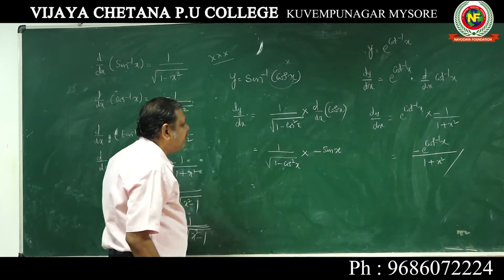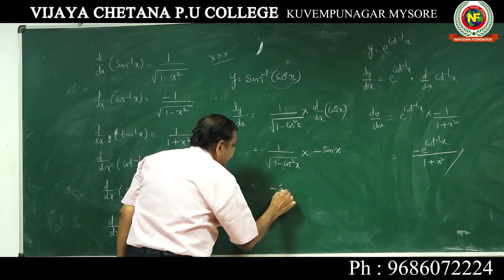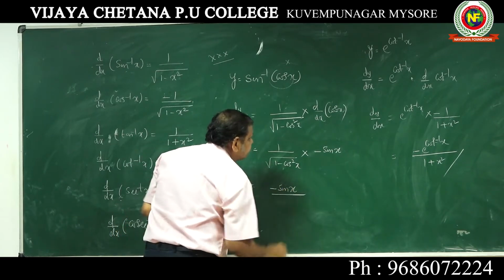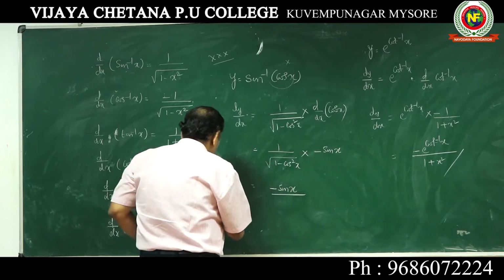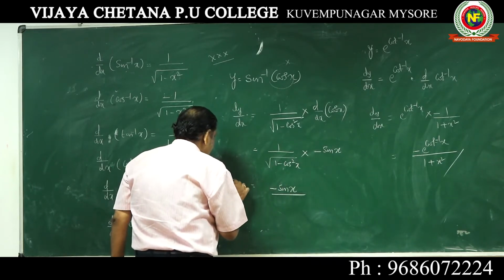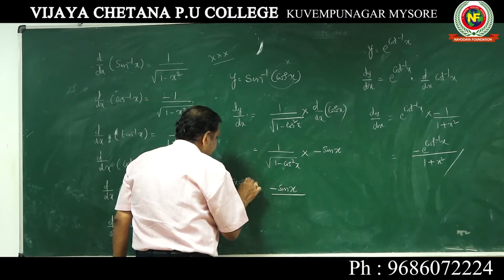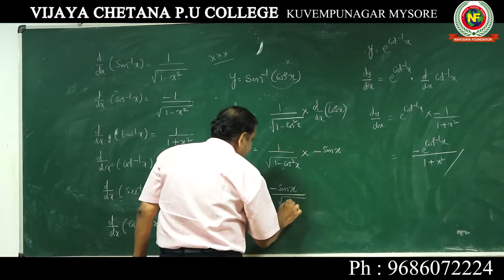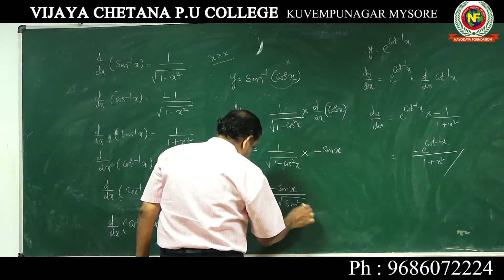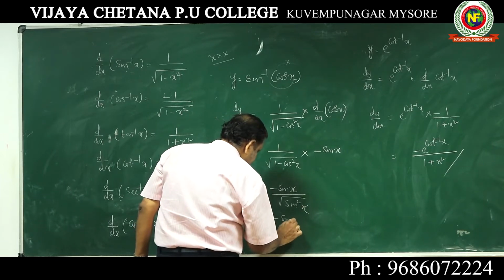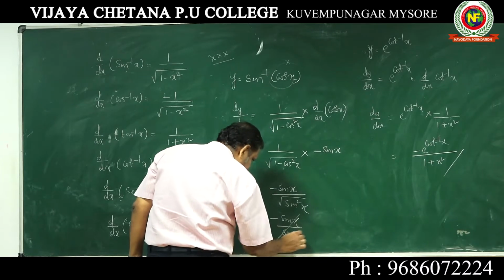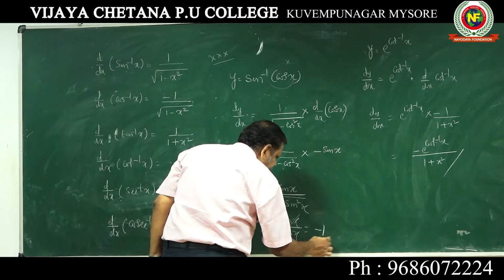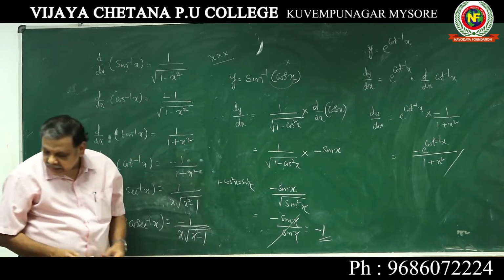So it is minus sin x by root of 1 minus cos square x. 1 minus cos square x, you know, is sin square x. So it is minus sin x by root of sin square x, which is sin x. Answer is minus 1.